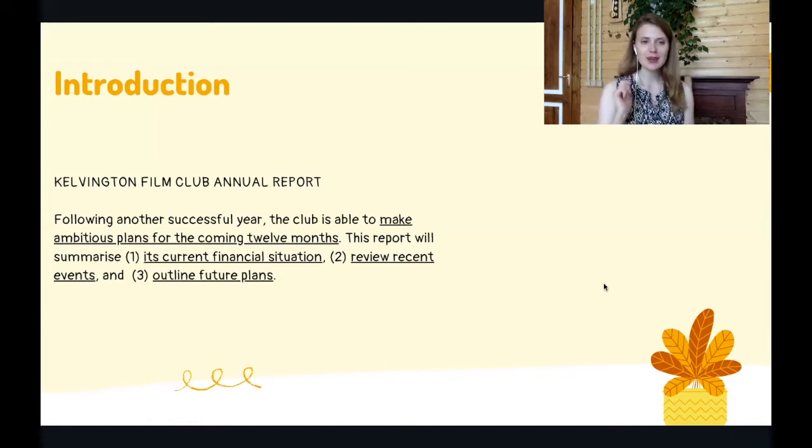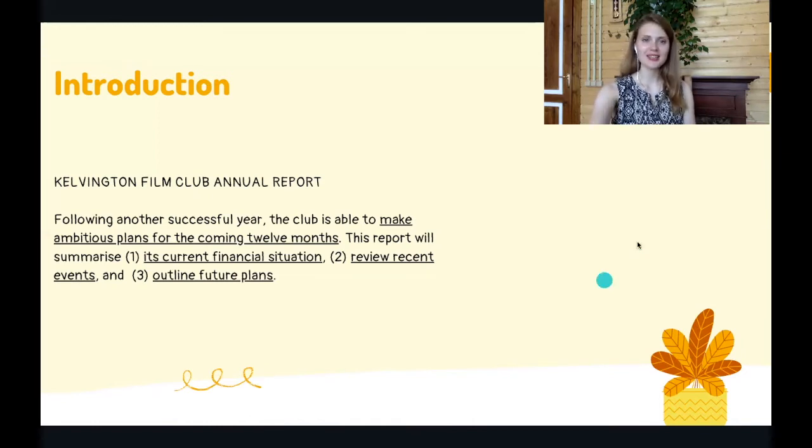So coming back to the introduction, you see that in the first sentence, the person says what he or she is going to talk about in the report, why the person has written this report, and in the second sentence, the person says which exact points he or she is going to develop. So it all comes from the task and there is nothing to invent here.